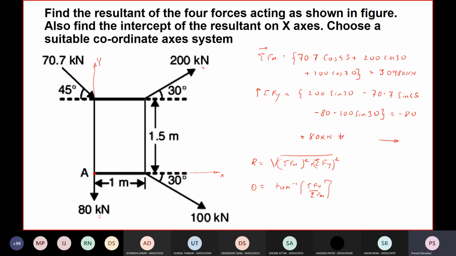Okay, so your forces are in this fashion. So this is summation Fx, summation Fy. Calculate the resultant and the angle theta.